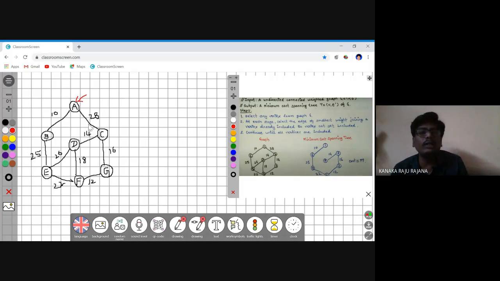Means if this is your vertex A, it can have an edge to B as well as C. But here we need to consider only the smallest weight arrived for this concerned vertex. Therefore, if I compare 10 and 28, I find that 10 is the smallest weight. Therefore, from A, it has arrived at B. Is this clear? Please message me so that I can continue.